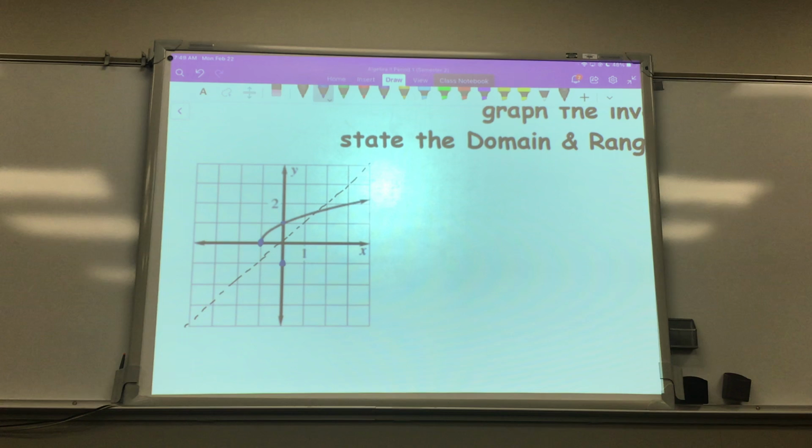So this point, that'll go there. This point, that'll go there. So that inverse, does that look like it's reflected over? So I just found those good points and I reflected those points over that y equals x.